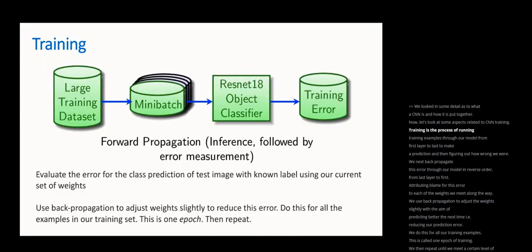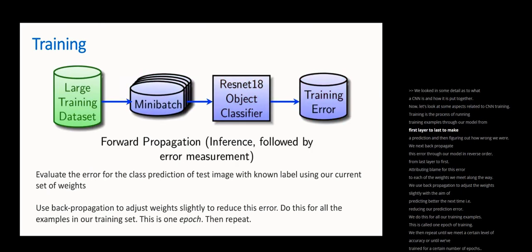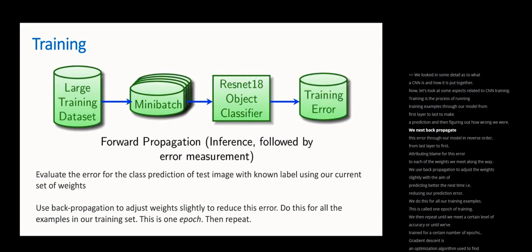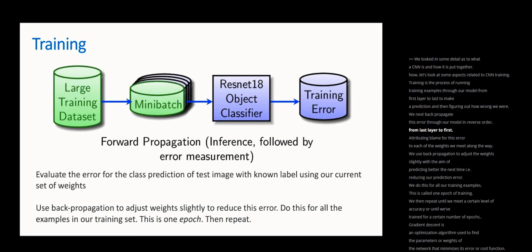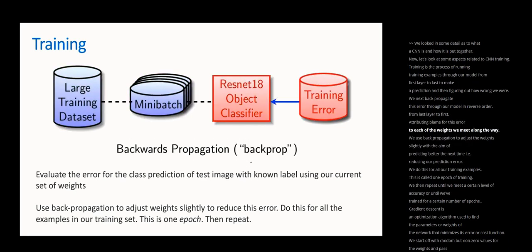Training is the process of running training examples through our model from first layer to last to make a prediction, and then figuring out how wrong we were. We next back propagate this error through our model in reverse order, from last layer to first, attributing blame for this error to each of the weights we meet along the way.